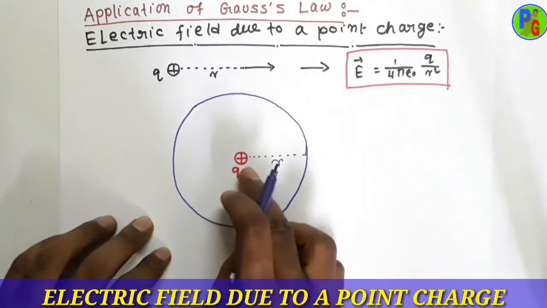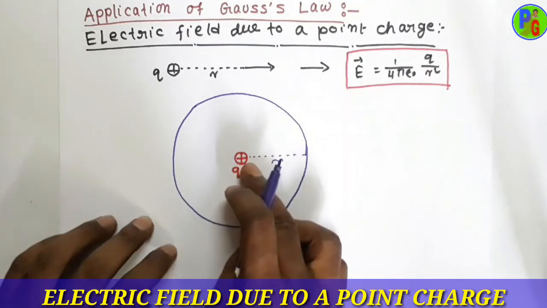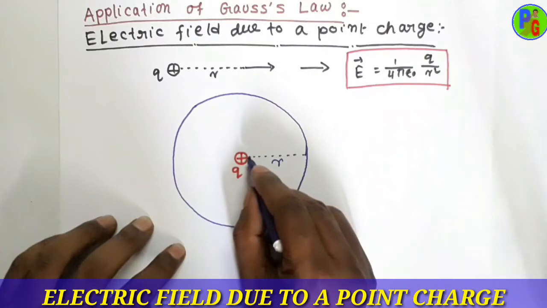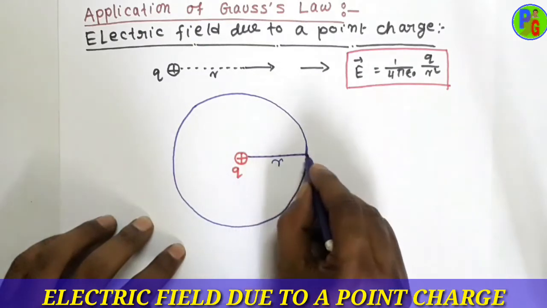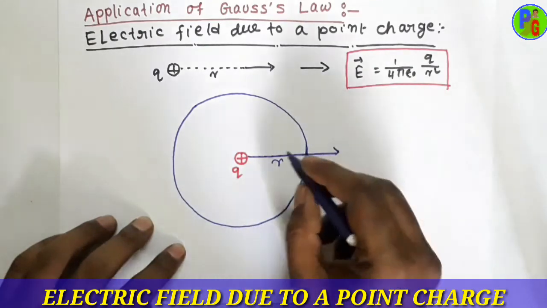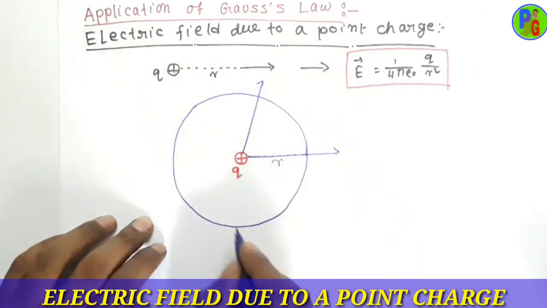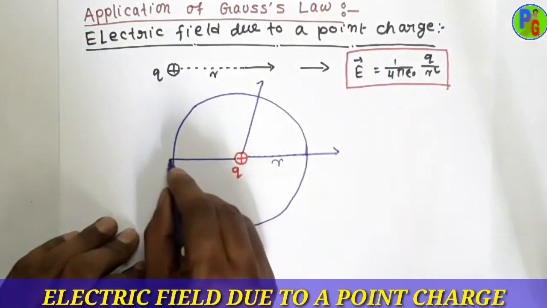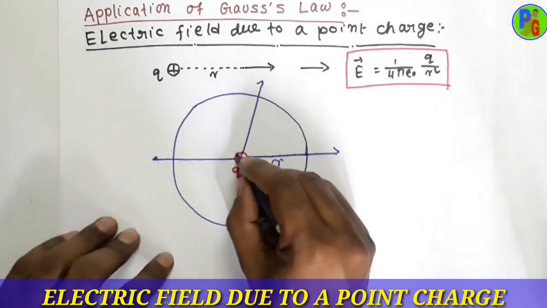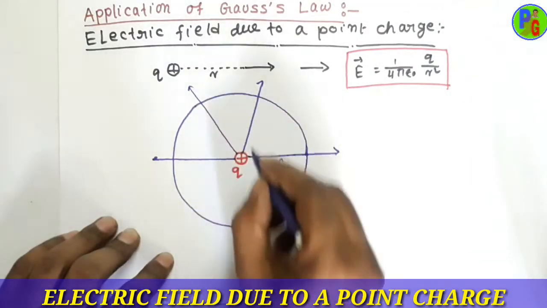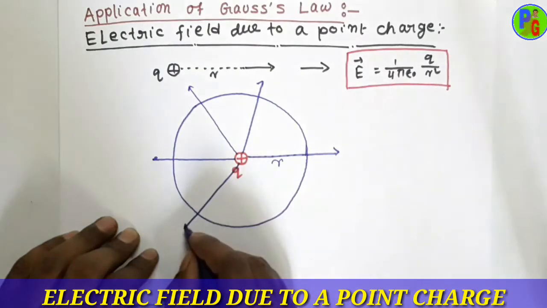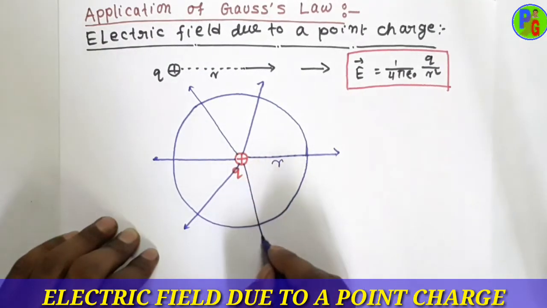Here, as the charge is a point charge, its electric field will be away from it. That is, the electric field will be a spherical distribution, radially outward in all directions. So these are the electric field lines here.